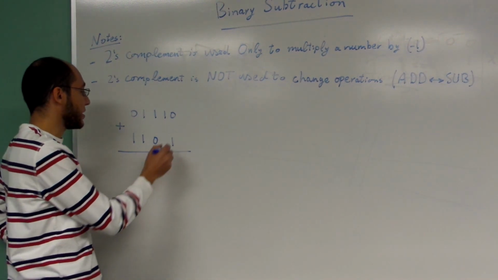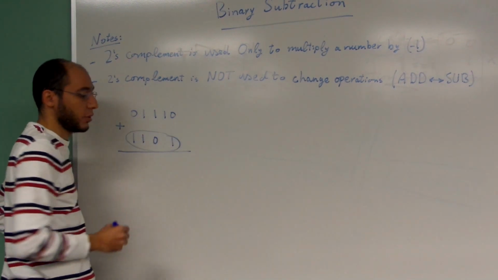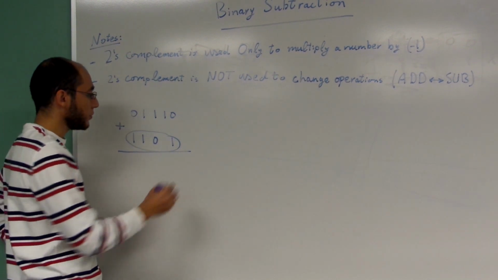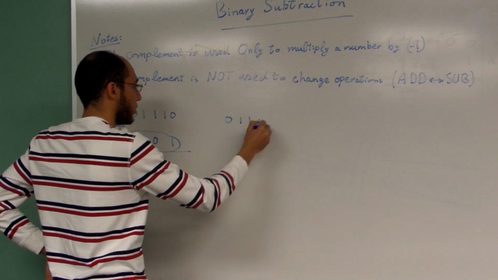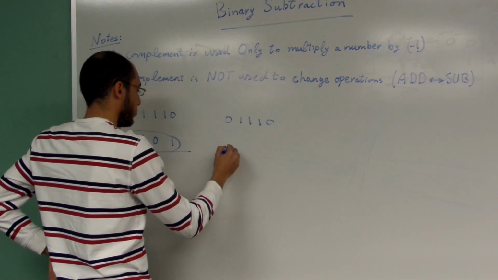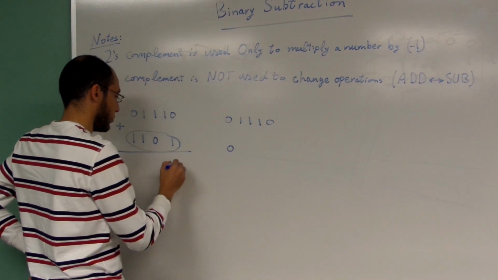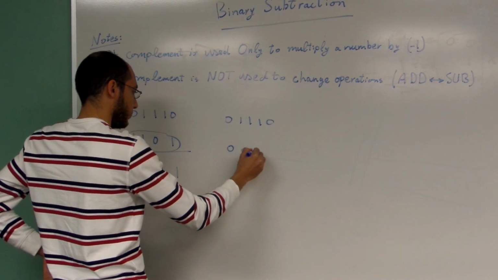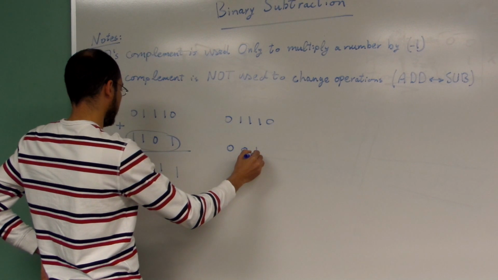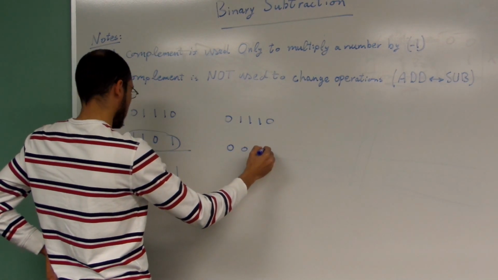So what they do is that they take the 2's complement of this number, and then do an addition, which is 0, 1, 1, 1, 0, 0. Again, what's the 2's complement? 1, 1, 0, 0. 1, 1.